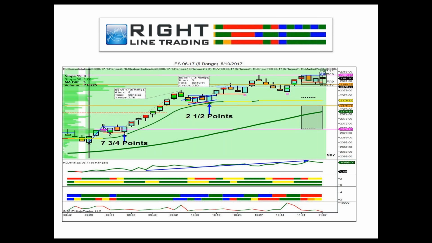Now, these are two trades I just took recently. This is on 5/19. These two lines below are order flow. The move back on the right edge, up 7.5.